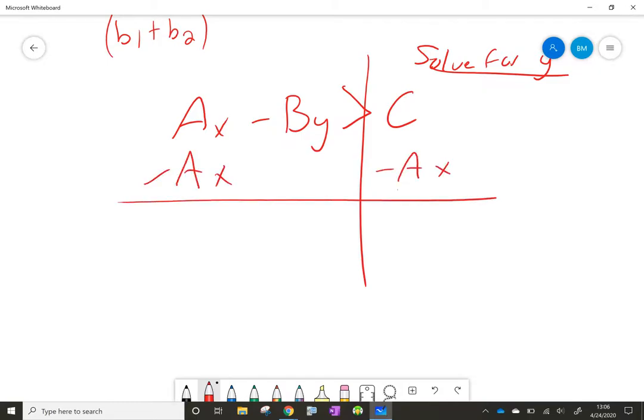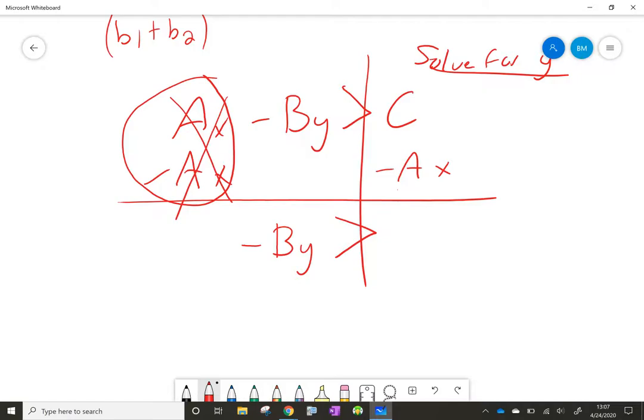Here we have ax minus ax, which is 0 and cancels out. So we're left with just a negative By. We still have the greater than sign, but on this side we have c minus ax. We can't combine them because they're separate terms. C is one term, and minus ax is a separate term, so there are just two separate terms.